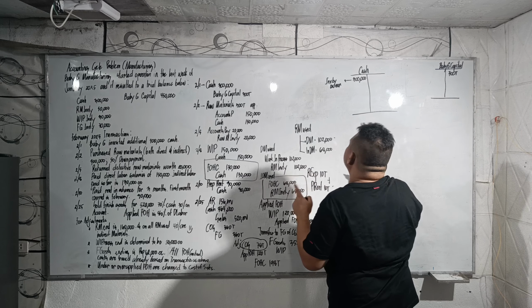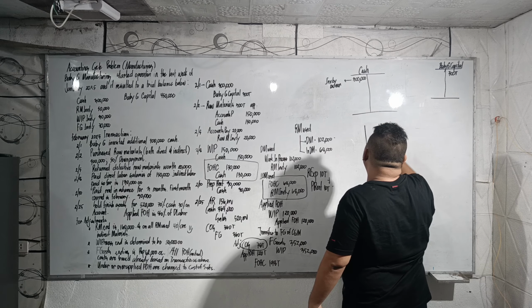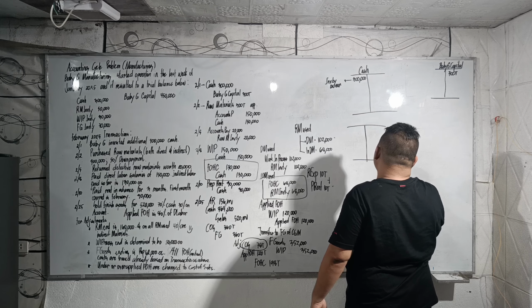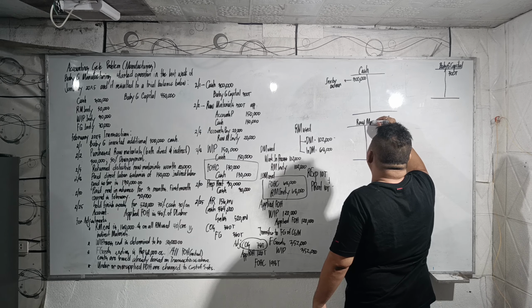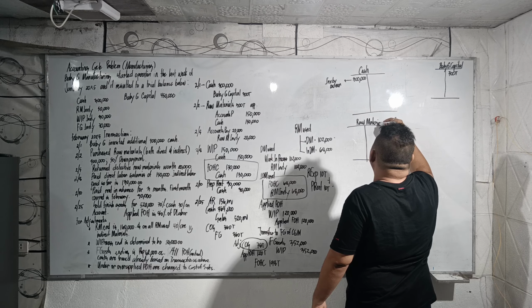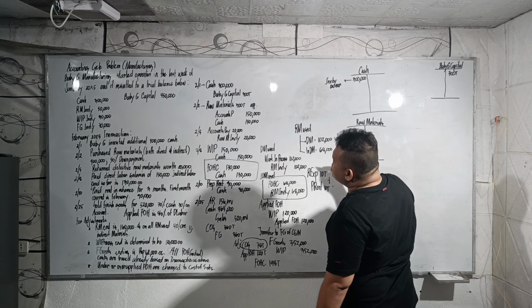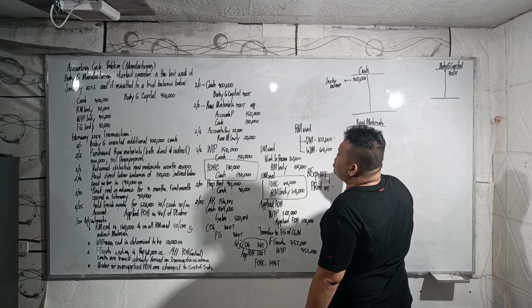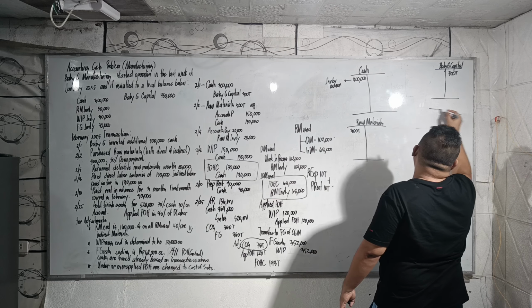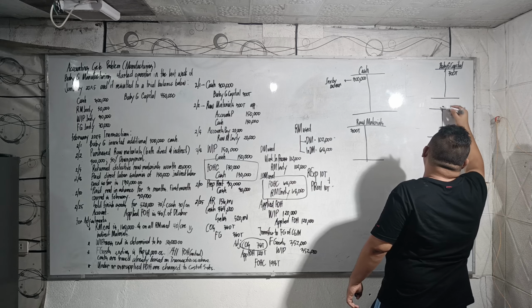Next we have raw materials. It's an inventory, so it's here. The raw materials is 300,000, and then you have a credit on the accounts payable.